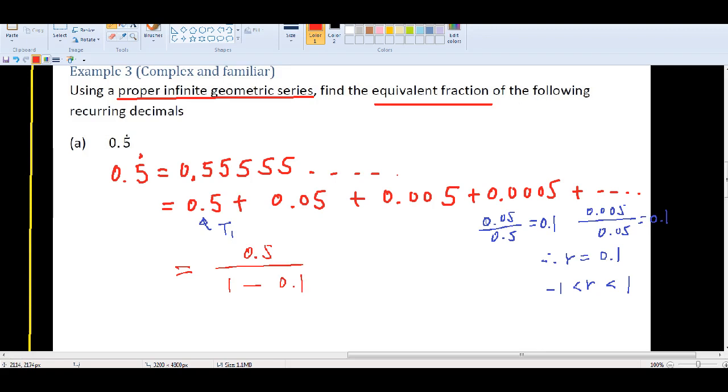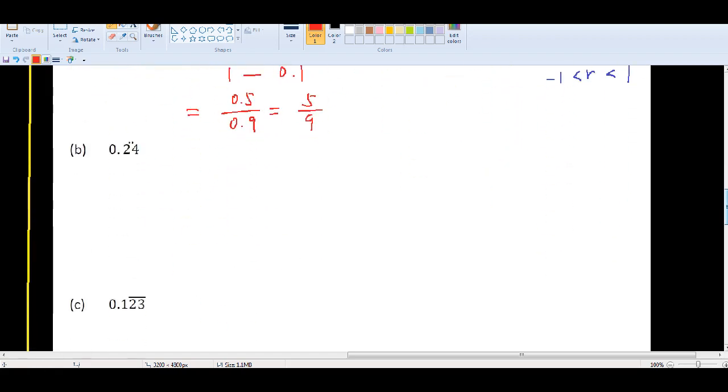The common ratio is 0.1, so you get 0.5 over 0.9. This question could be in paper 1, which means you can't use your calculator, so you need to know how to use manual calculation to get the answer. So you have to apply the infinite geometric series. Okay, that's the first one.